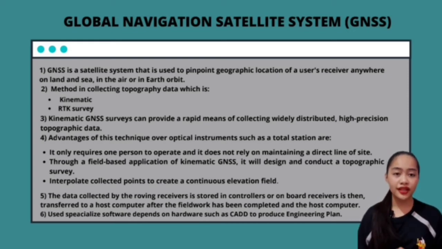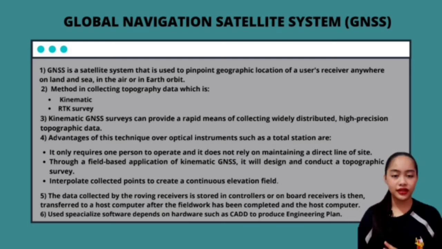A kinematic GNSS survey can provide a rapid means of collecting widely distributed high-precision topographic data. The advantages of this technique over an optical instrument such as a total station are that it only requires one person to operate and it does not rely on maintaining a direct line of sight.